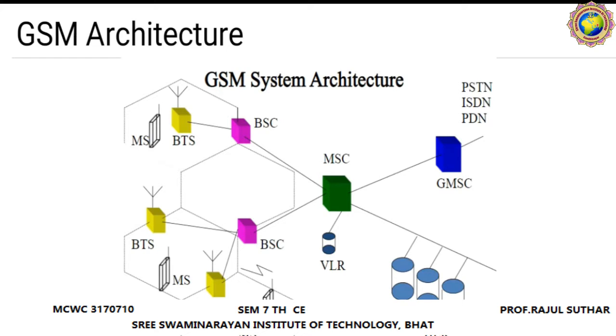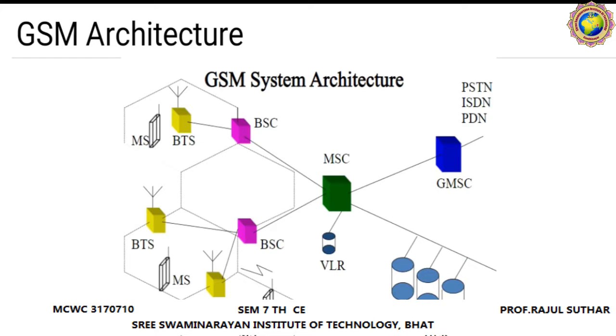In the previous discussion we discussed the mobile station, base station subsystem, network switching center, mobile switching center, HLR, VLR. The mobile station is the mobile equipment and SIM card. Then the base station covers the BTS, base transceiver station, as well as the base station controller, BSC.